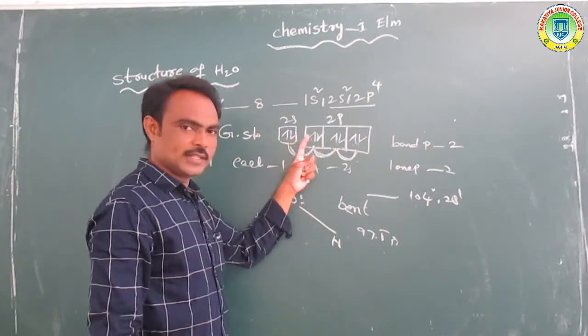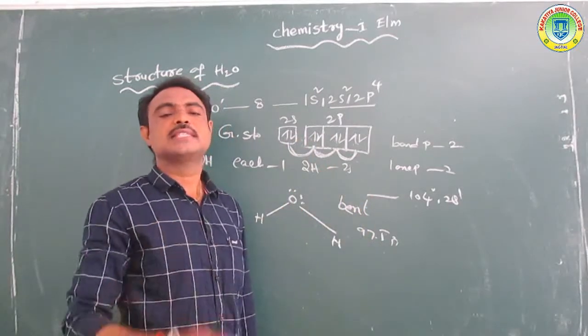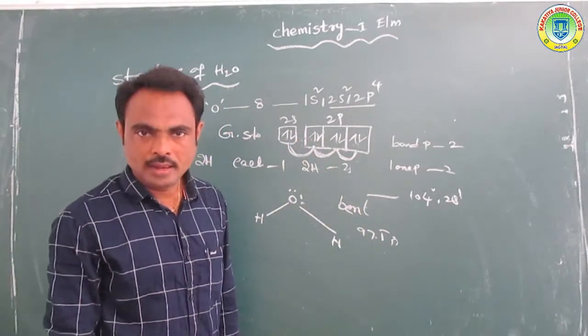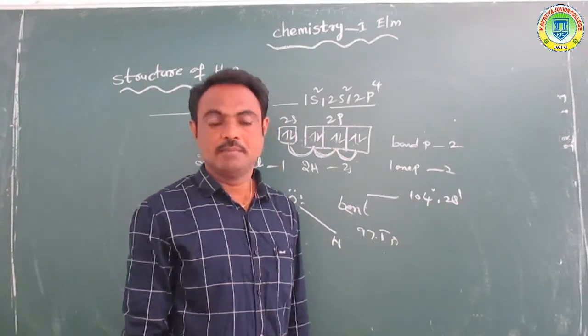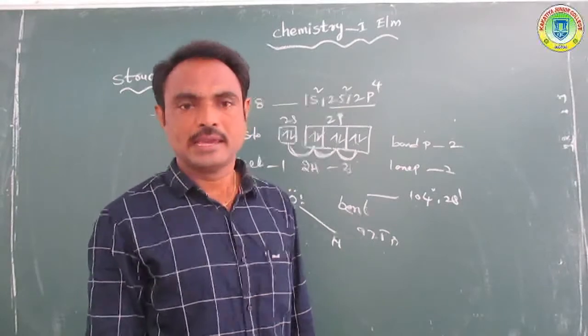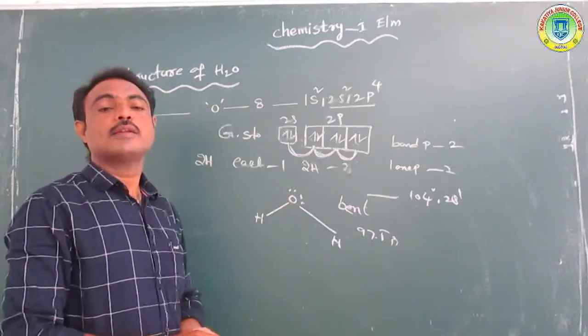These two lone pairs cause high repulsion, which decreases the bond angle to 104°28'. So this is the structure of the water molecule.